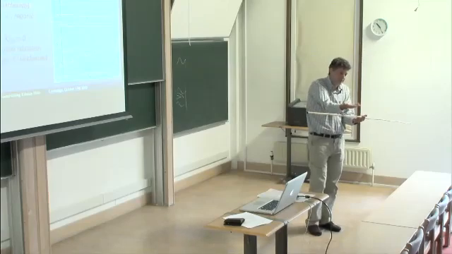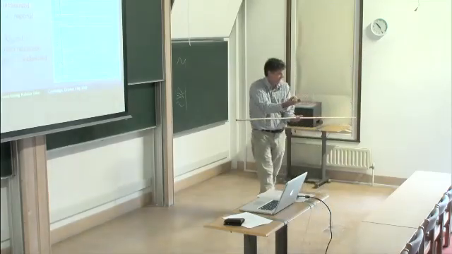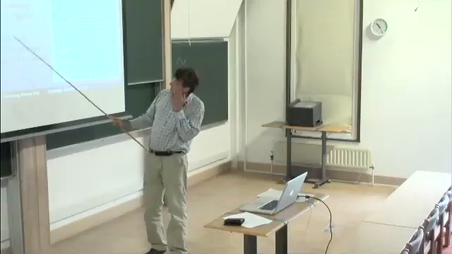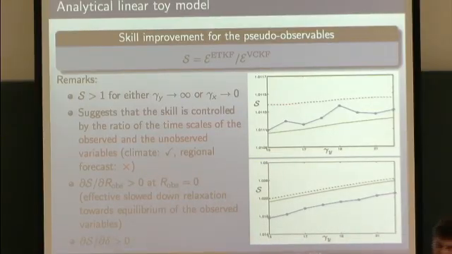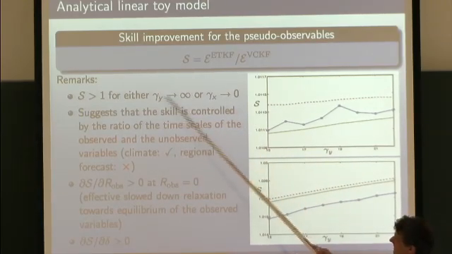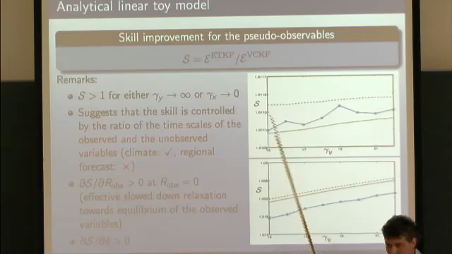If it decays quickly, it will be close to the climatic mean after a short period already. So for this regional forecast with unobserved stations, we didn't find anything there, but this is more a timescale issue: we expect this filter to work well in a timescale-separated system.